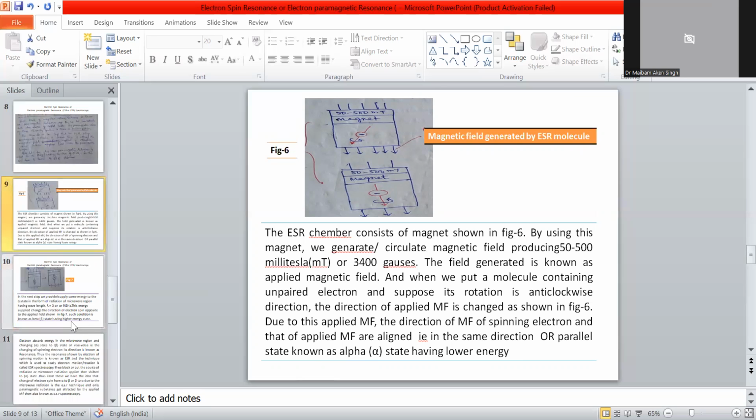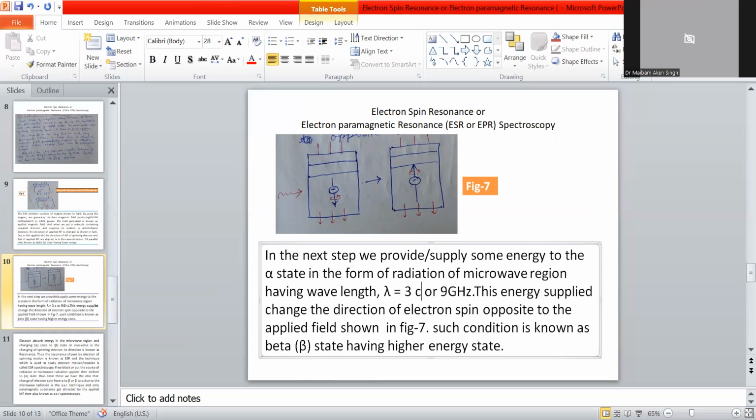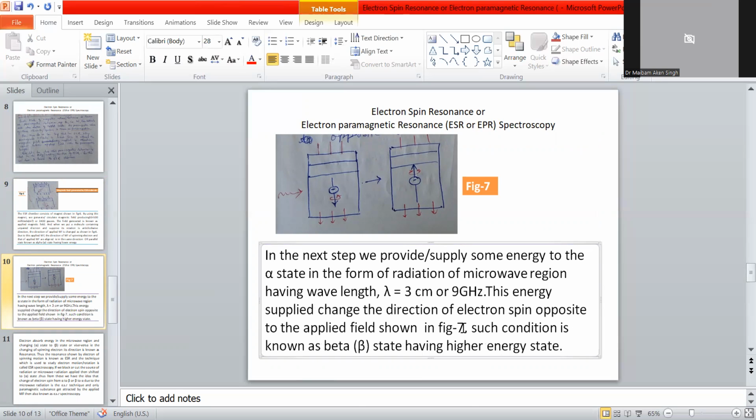In the next step, if we provide some energy to the alpha state in the form of radiation in the microwave region, having a wavelength of 3 centimeter or 9 GHz, this energy supply changes the direction of the electron spin opposite to the applied field, shown in figure 7.